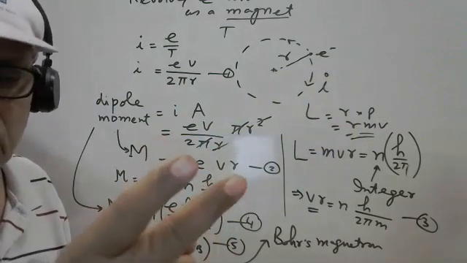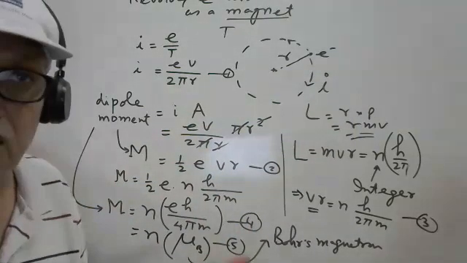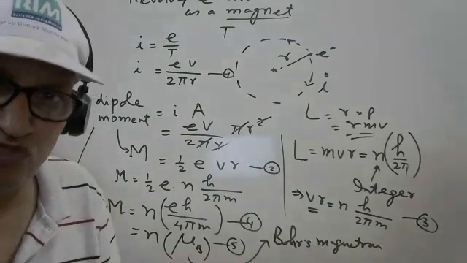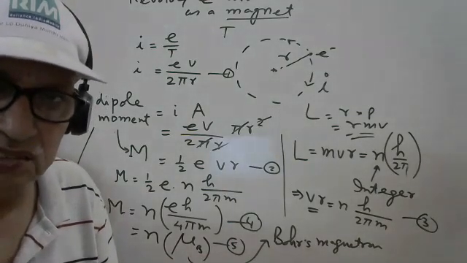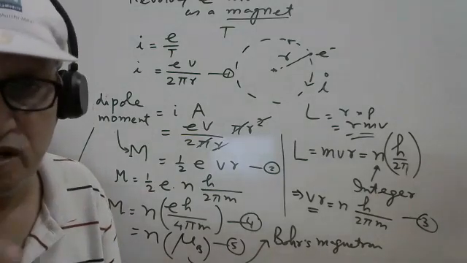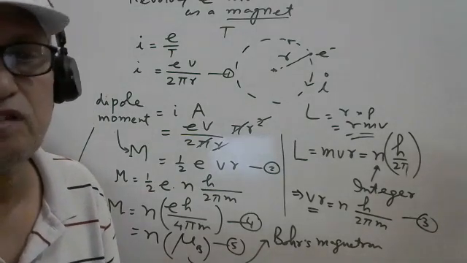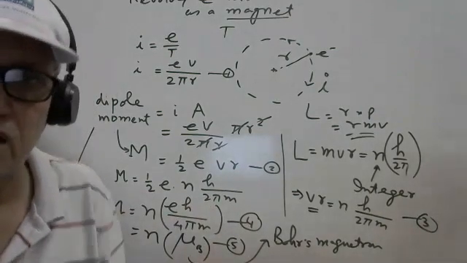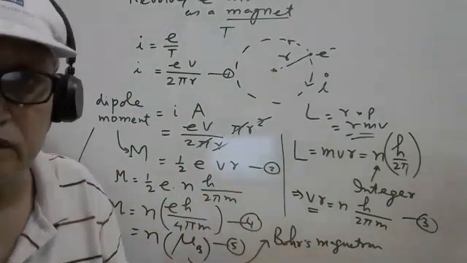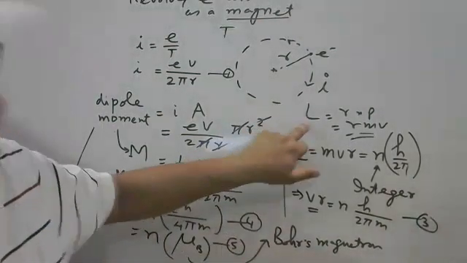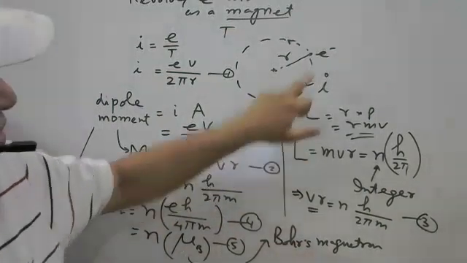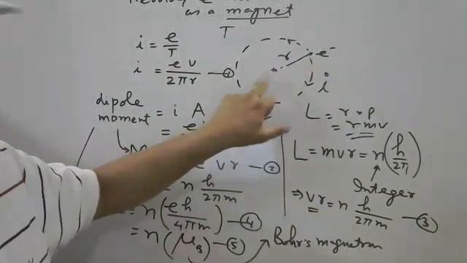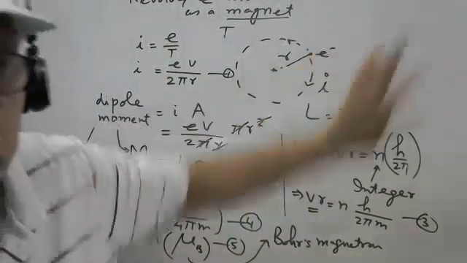If these two forces are equal and opposite, the orbit cannot change, so this orbit must be stable. Just like the moon revolves around the earth, and the earth revolves around the sun, a stable orbit means the attraction force between them must be equal to the centrifugal force. Likewise here, the electron can revolve in a fixed stable orbit if the attraction force between the nucleus and the electron is equal to the centrifugal force.